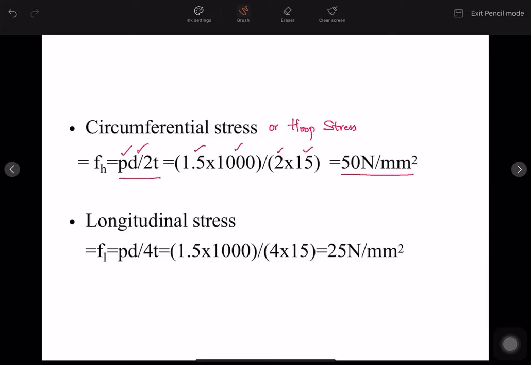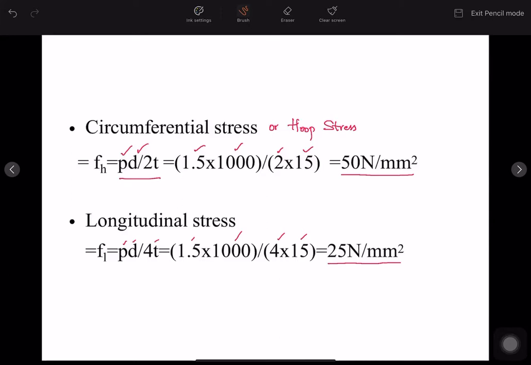And next we come to the longitudinal stress, sigma L, which is PD by 4T: 1.5 into 1000 by 4 into 15, which is 25.